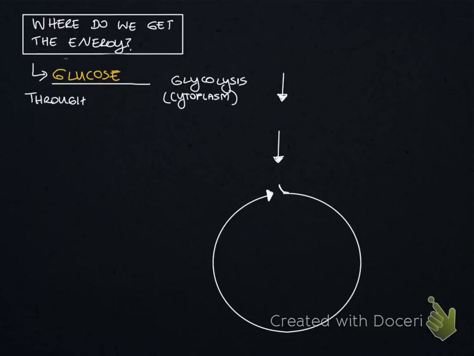So let's begin with a molecule of glucose, C6H12O6. As it goes through glycolysis, we end up forming two pyruvate from one molecule of glucose.